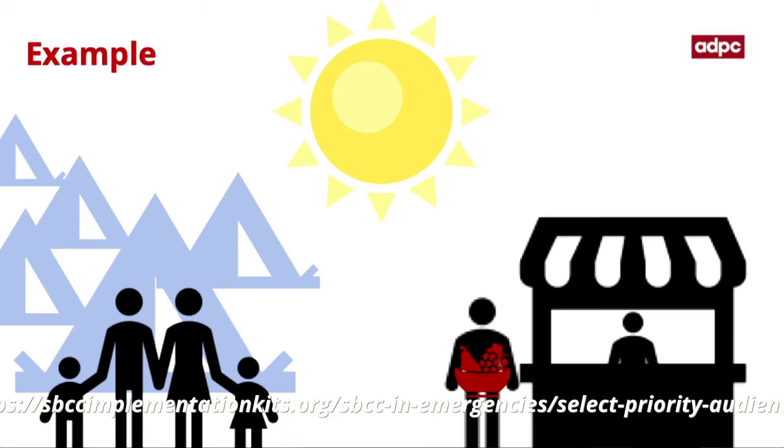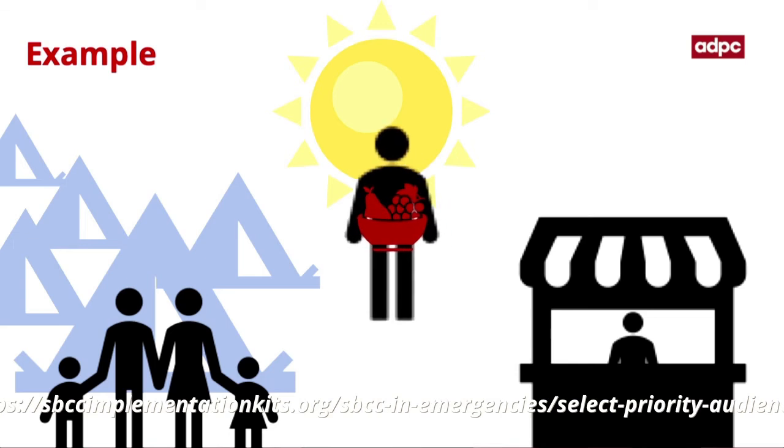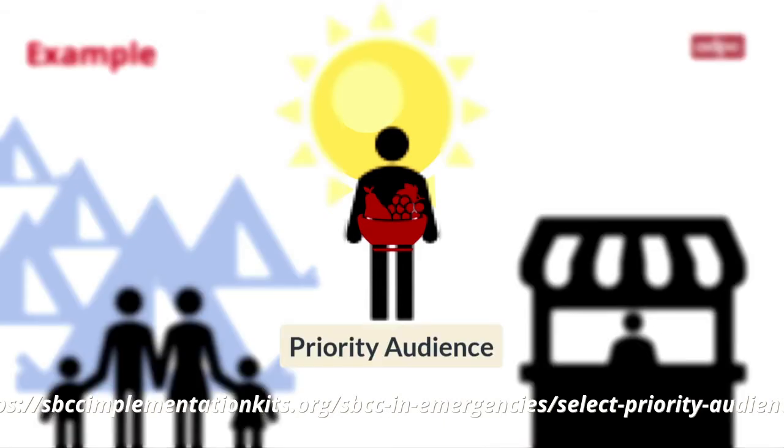Although children are the most affected by malnutrition, and mothers are the primary caregivers who feed them, targeting the husbands in a communication response would have the most impact, as it would encourage them to use the distributed food properly to keep their children healthy. The husbands are therefore the priority audience in this case.